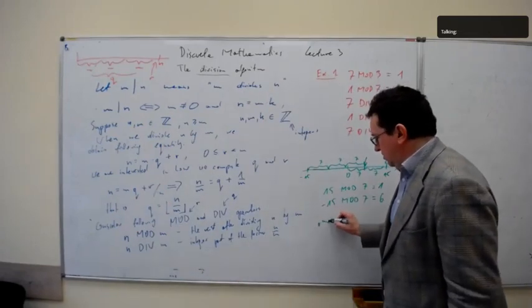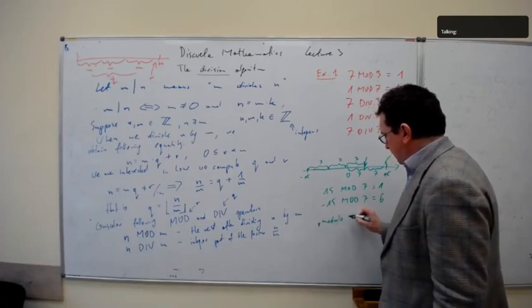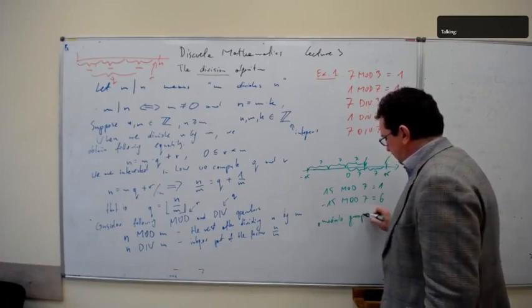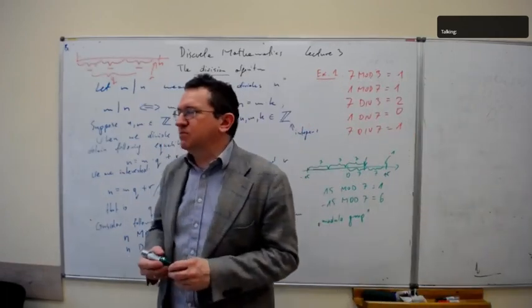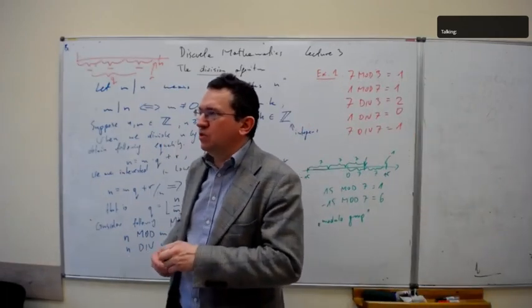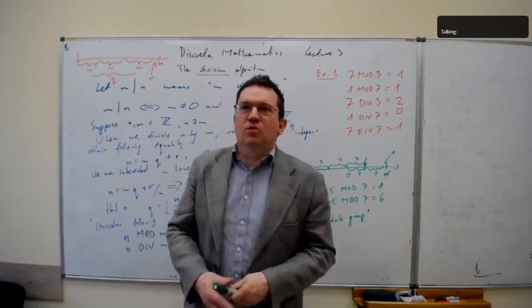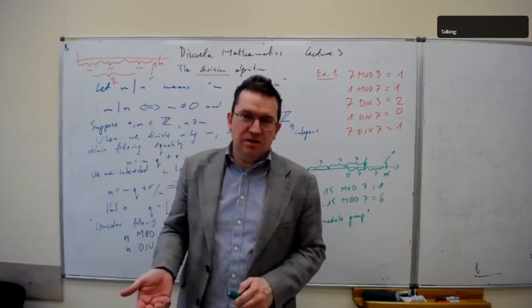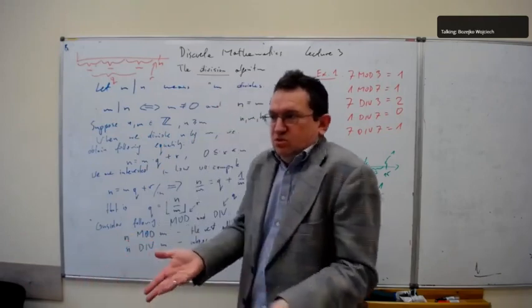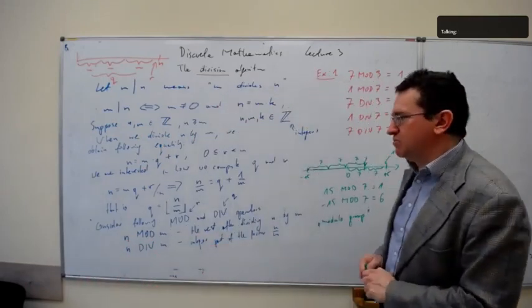Modulo group. This is a group in the formal sense. That means from a mathematical point of view, this is a set with an operator. The operator is adding. We have a neutral element as 0 here. So this is a normal object for mathematicians.